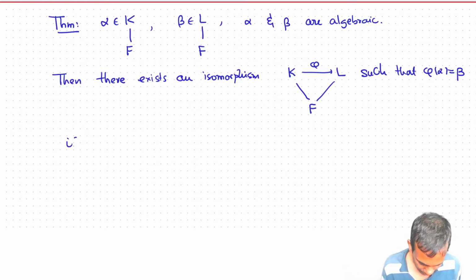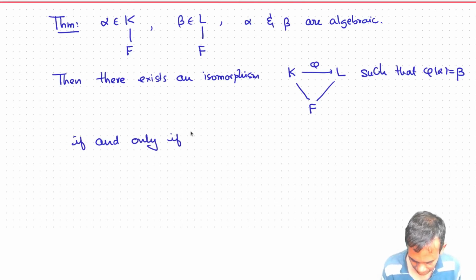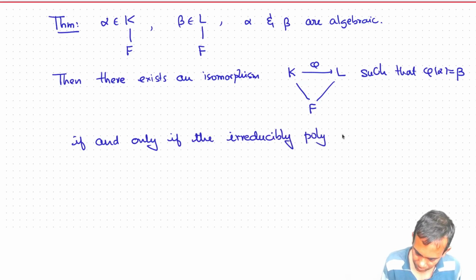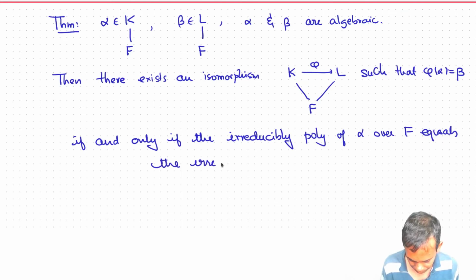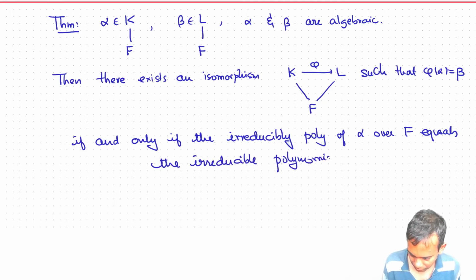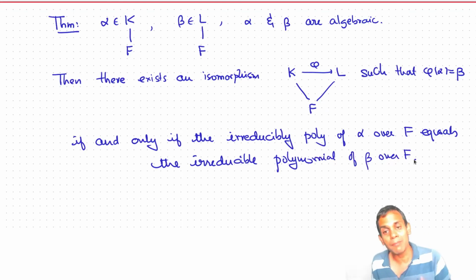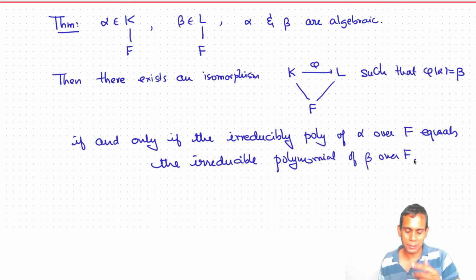Then if and only if the irreducible polynomial of alpha over F equals the irreducible polynomial of beta over F. So when you put this additional condition that phi must map alpha to beta, then this problem becomes much simpler.